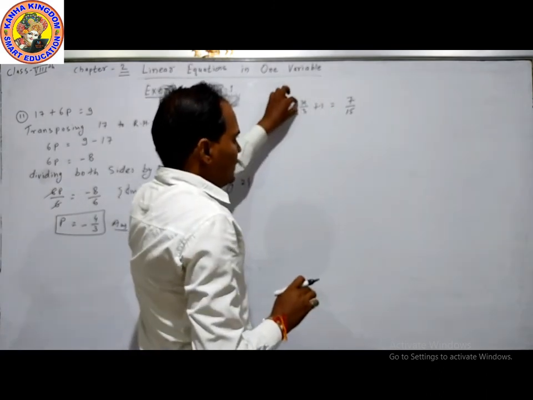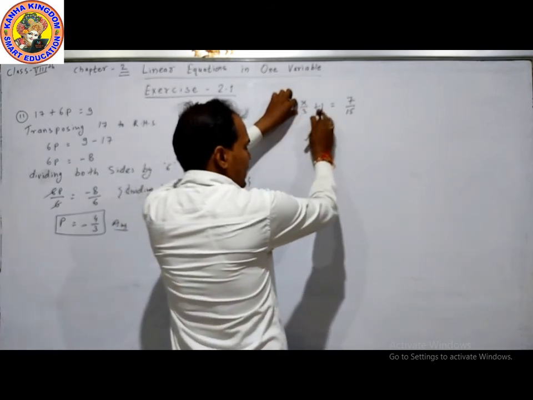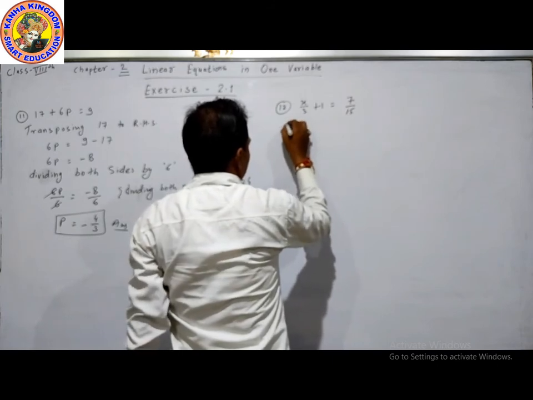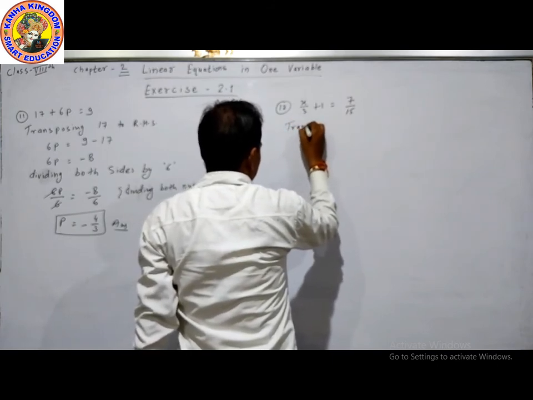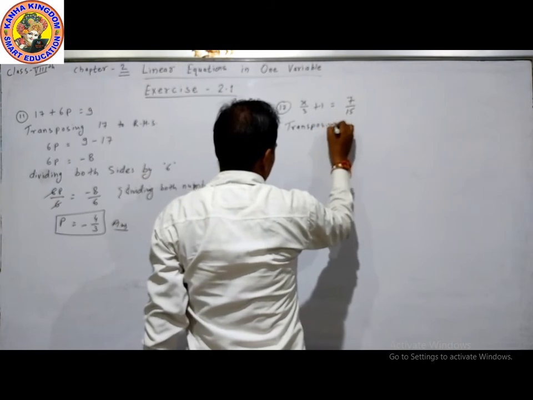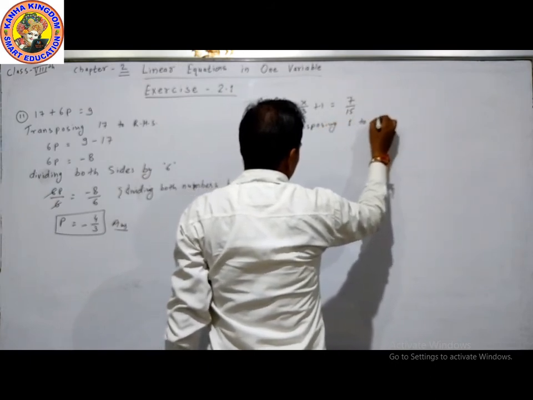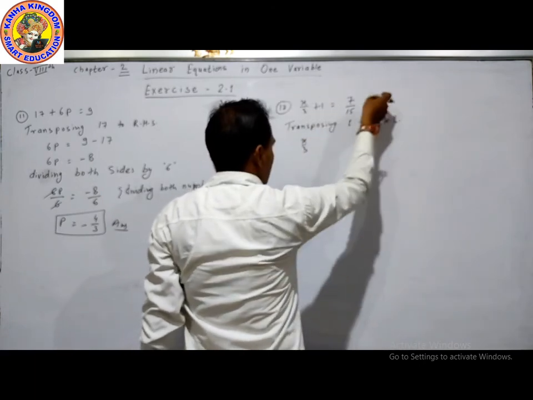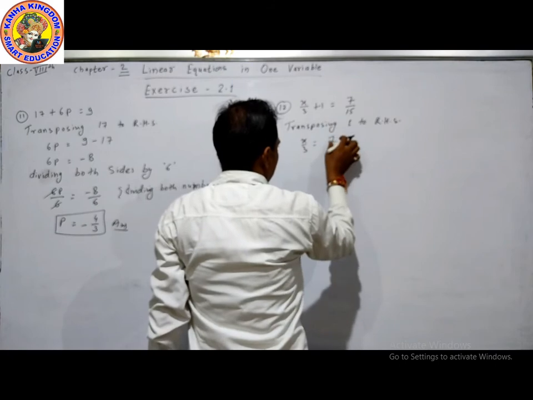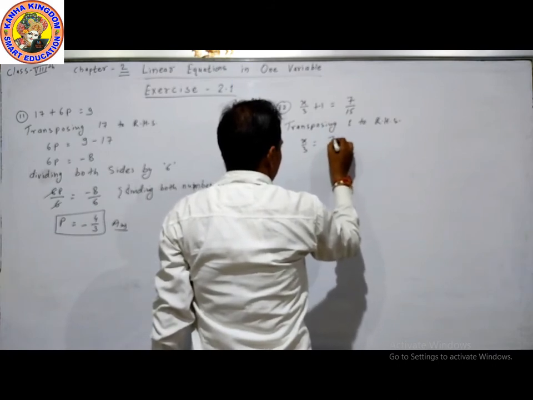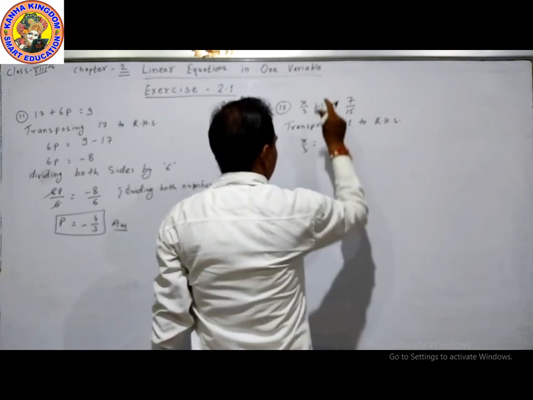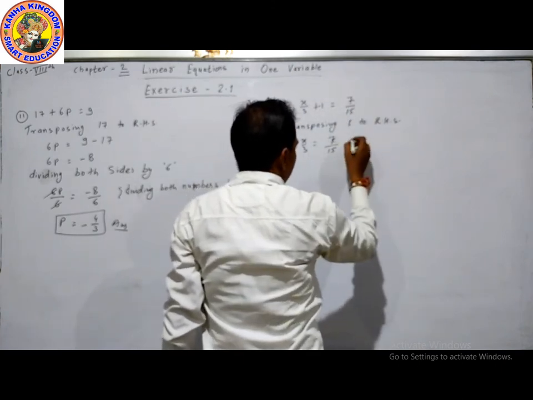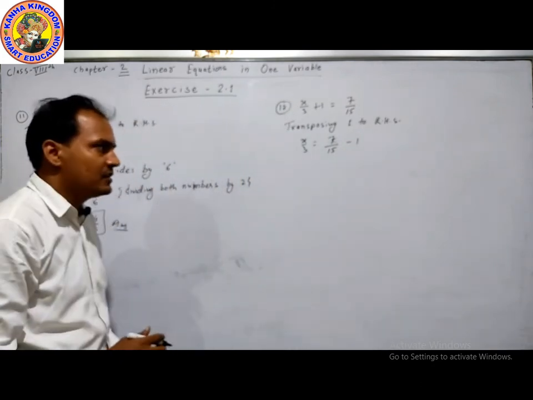So we keep x on this side, and 1 will go to the other side, so we write transposing 1 to the right hand side. x by 3 equals 7 upon 15. 1 is a positive value, and when transposing it will be negative, meaning minus 1.